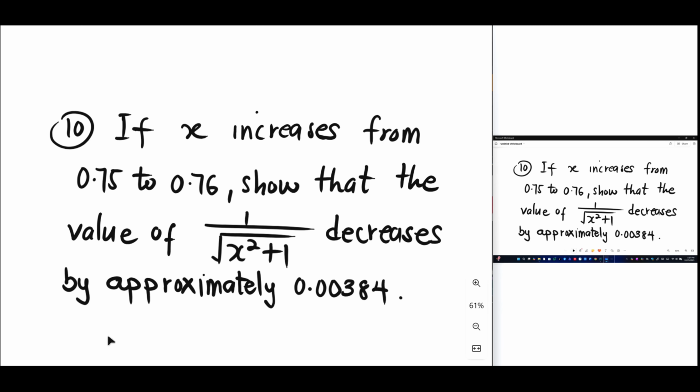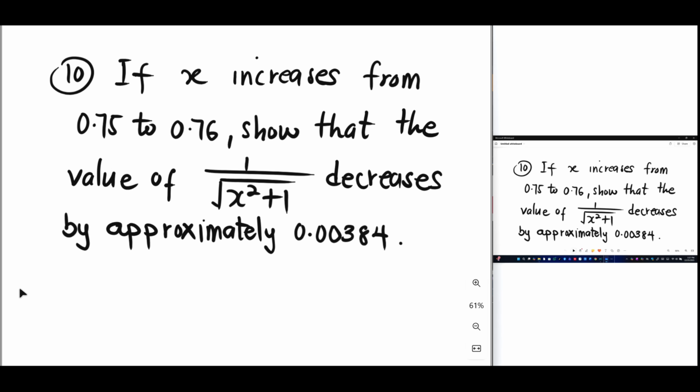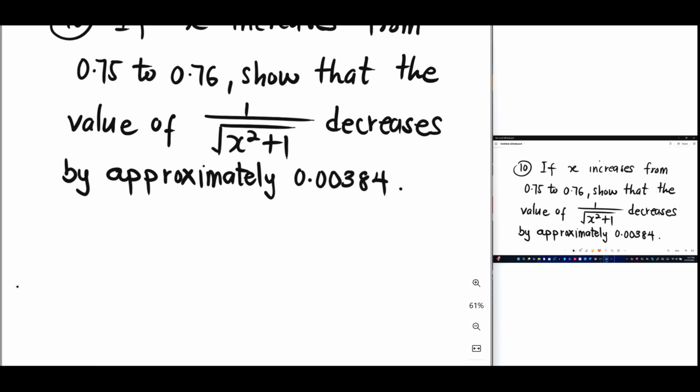So we are to show that if x increases from 0.75 to 0.76, the value of the given expression, 1 divided by the square root of x squared plus 1, decreases by approximately 0.00384. All right. So looking at the expression, we have to represent the given expression as a function.